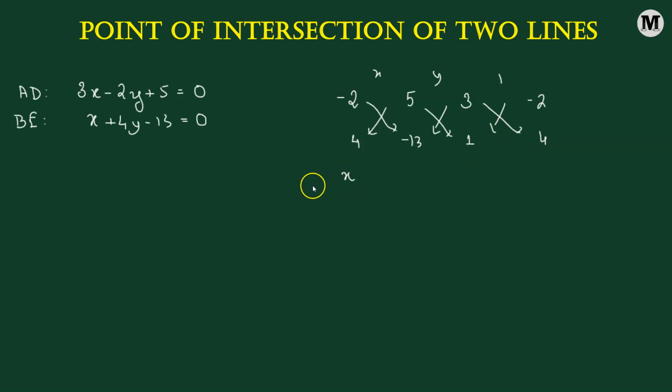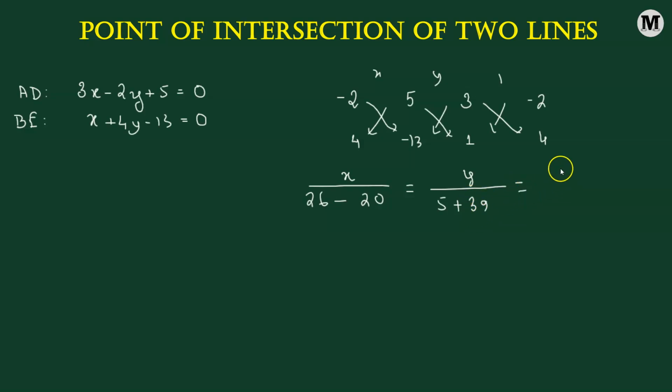So what we get here is x divided by -2 multiplied by -13, that's going to give us positive 26, minus 4 times 5, that's 20. That's going to be equal to y divided by 5 times 1, that's 5, minus 3 times -13, that's -39, but we already have a negative sign, so we're going to get positive 39.